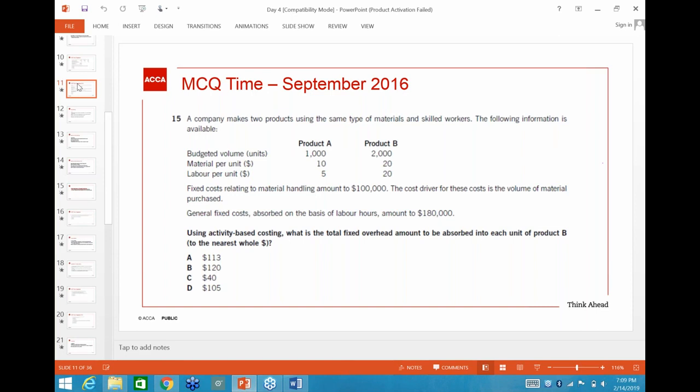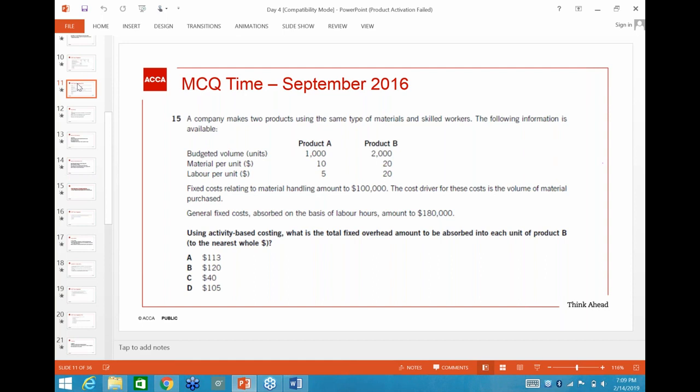The cost driver for these costs is the volume of material purchased. General fixed cost is 180,000. And what are they asking me? They are asking me to use ABC. What is the total fixed overhead amount to be absorbed for each unit of product B?